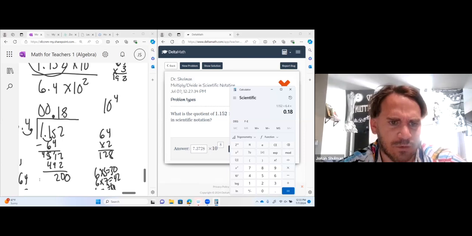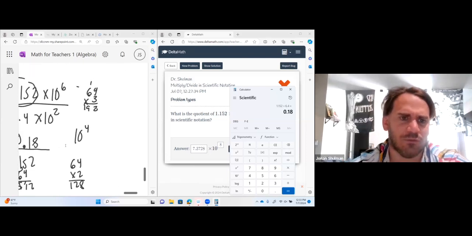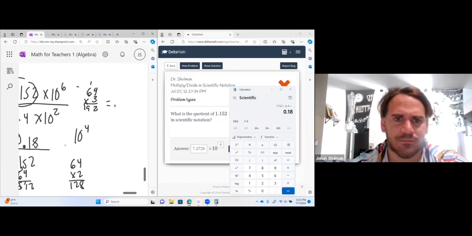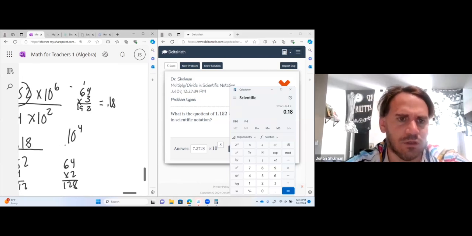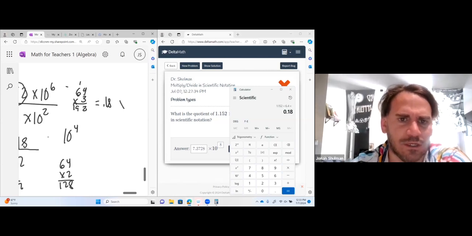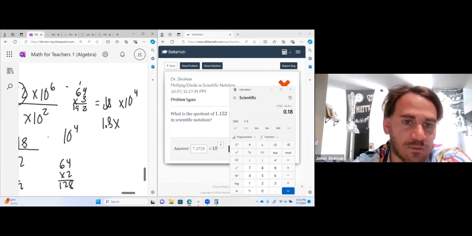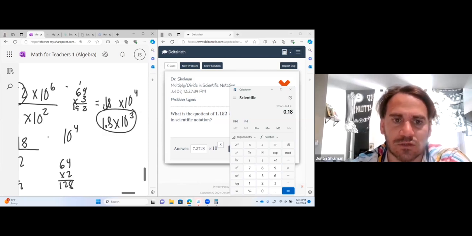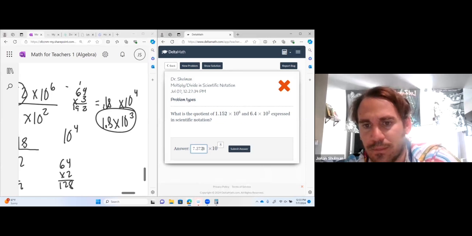I guess it is 512 and I just messed up my subtraction or something crazy. So we're left with 0.18. And then we have 10 to the 6th and 10 to the 4th. So this is what we have right now, 10 to the 4th. But we need this decimal here. We've got to move it one place. So it's 1.8 times, if I'm moving it back, it's one smaller, so times 10 to the 3rd. That should be the answer.